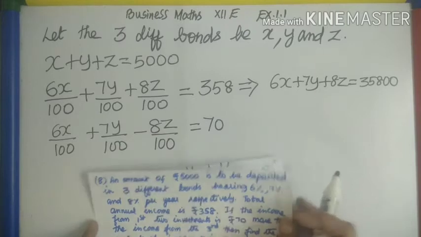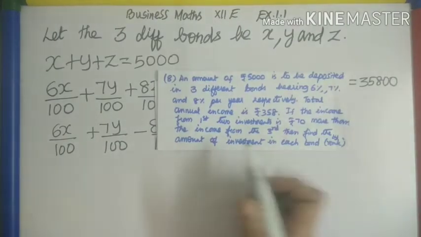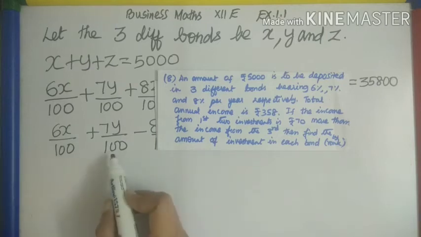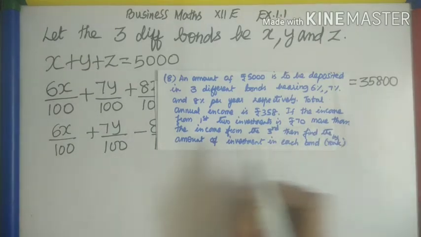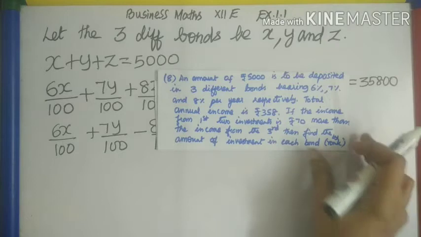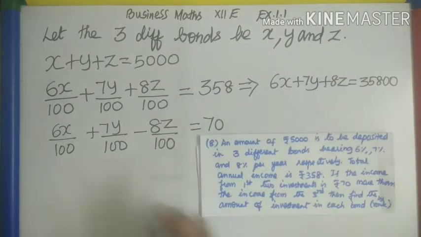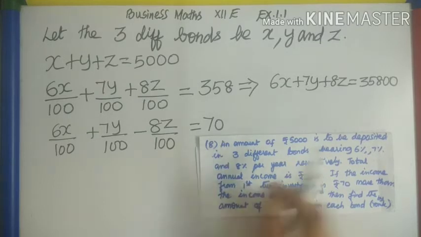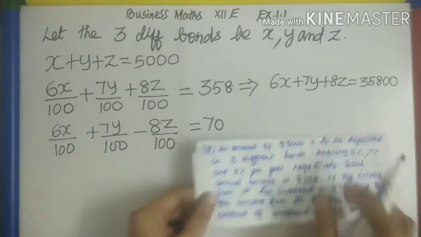See how we frame the equation? Income from the first 2. That means I am adding the first and second. 70 more than the income from the third. That means from the first 2, subtract the third one, I get the answer 17. Again here, let me cross multiply.